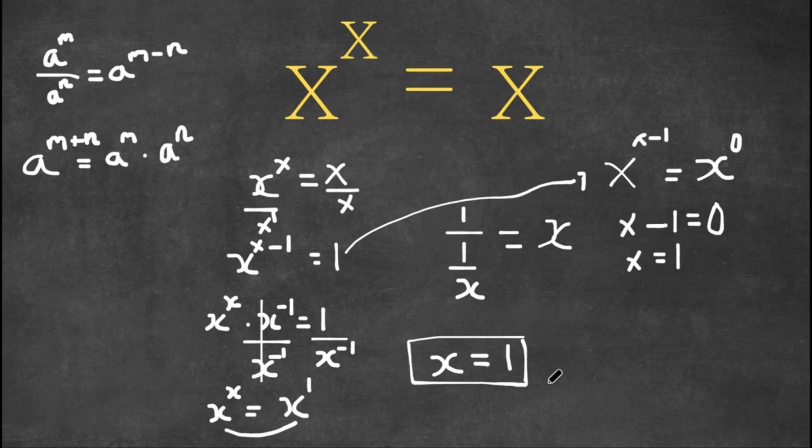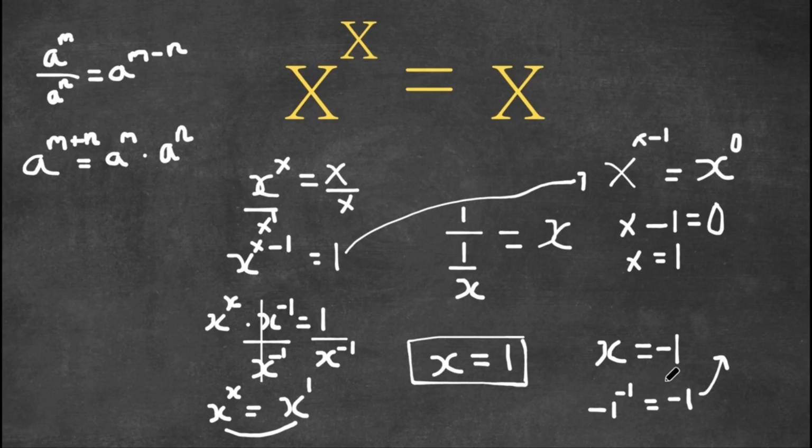However, there is actually another solution to this problem. x equals negative 1. This would also work, because if we plug this into our equation, negative 1 to the power of negative 1 equals negative 1.